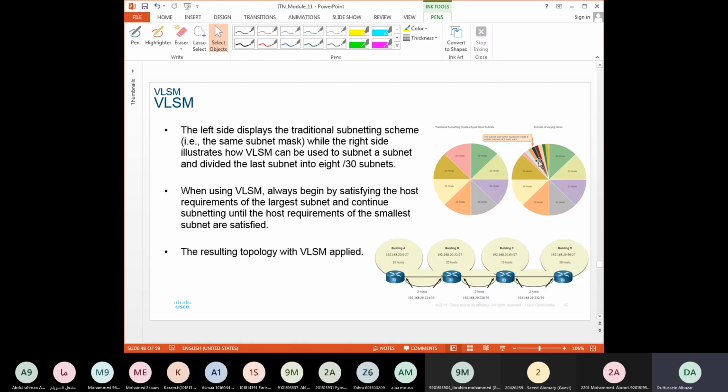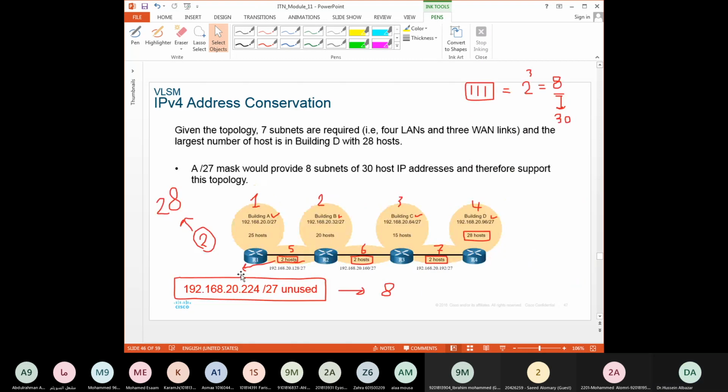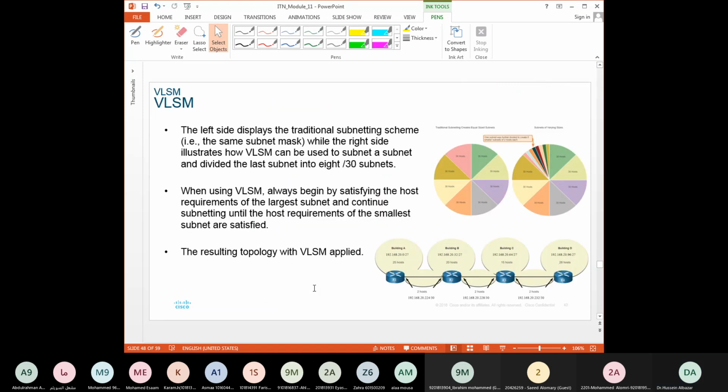We can take the last subnet, the unused one, and subnet it from /27 to /30. In this case, we will have 8 subnets, and we can assign 2 hosts per subnet.